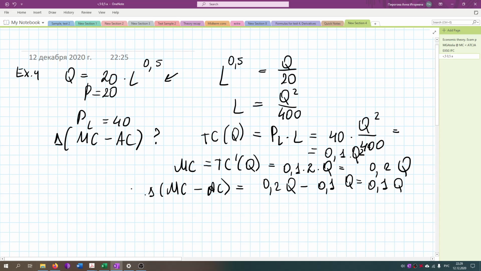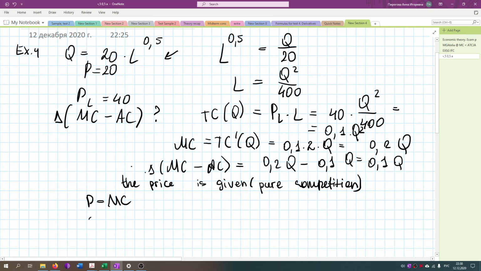we remember that it is the case of pure competition. This means that the price is given, because of pure competition. And price is equal to marginal cost.